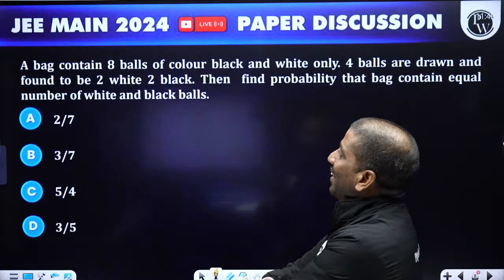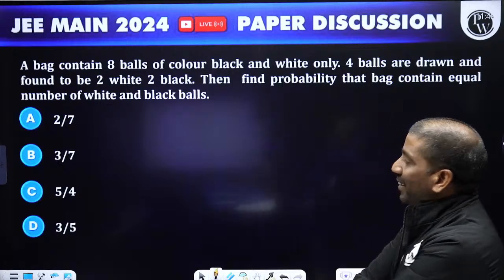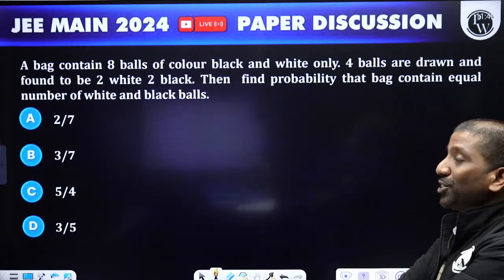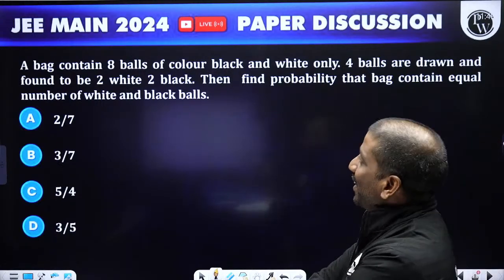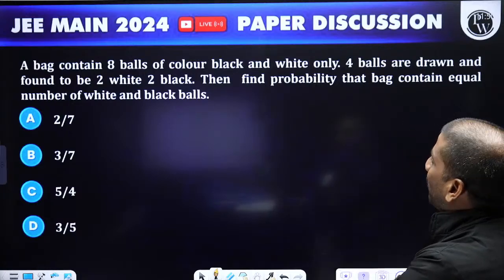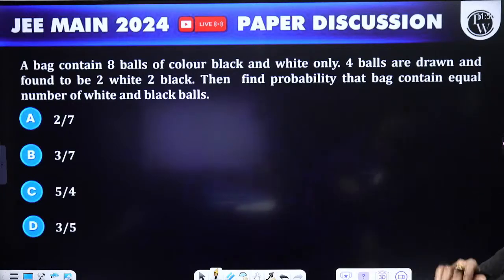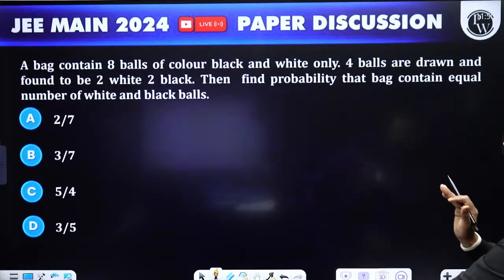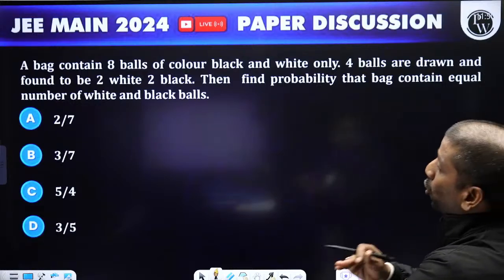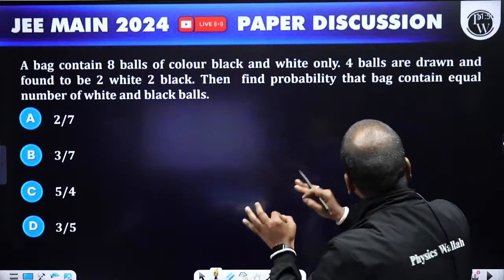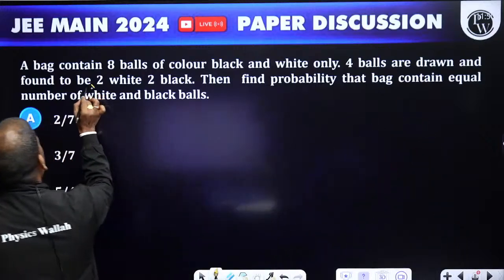Next, this is a rankers question, the kind of question which differentiates rankers from the others. A bag contains 8 balls of color black and white only. 4 balls are drawn and found to be 2 white and 2 black.